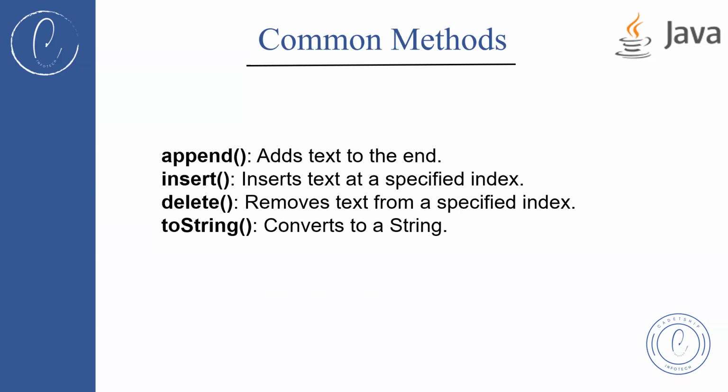So we can specify an index where we want to add a character or a text, then we use our insert method. We also have a delete method to remove text from a specified index. Then we have our toString method. This method converts our object to a string.